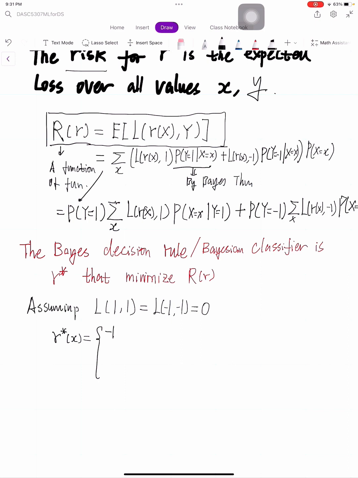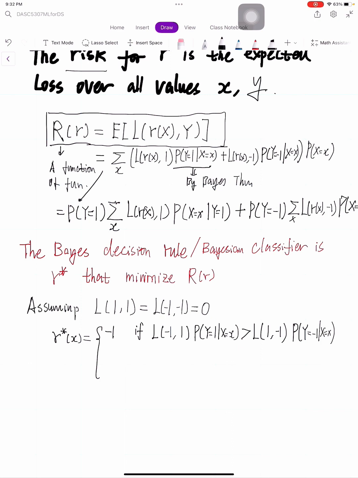So what's this decision rule? The decision rule equals positive if the loss for the false negative, multiplied by the posterior probability y equals 1 given x, is greater than the loss for the false positive, which means the original is negative, there's no cancer, but you classify it as a cancer patient, multiplied by its posterior probability.